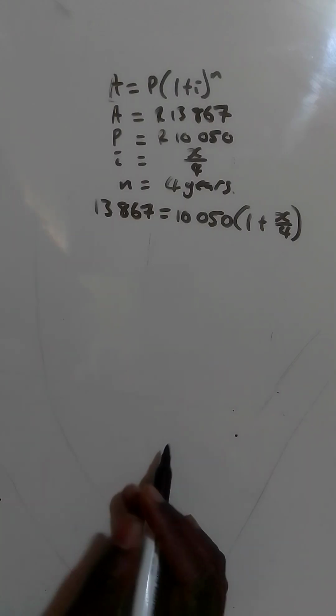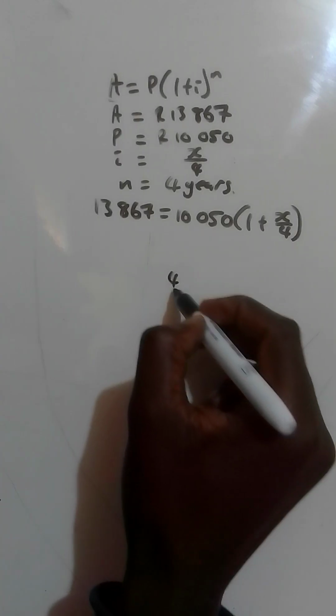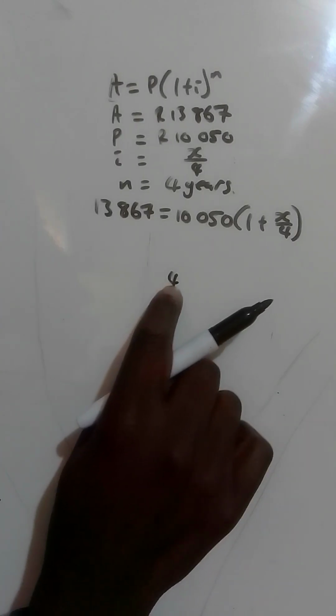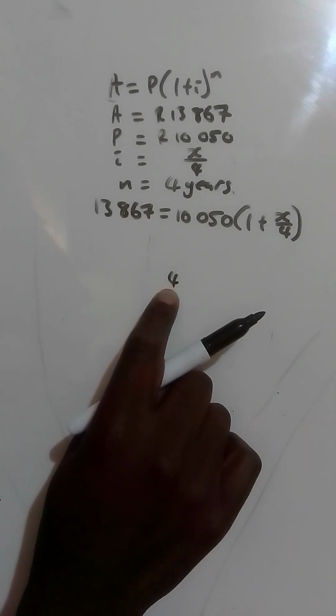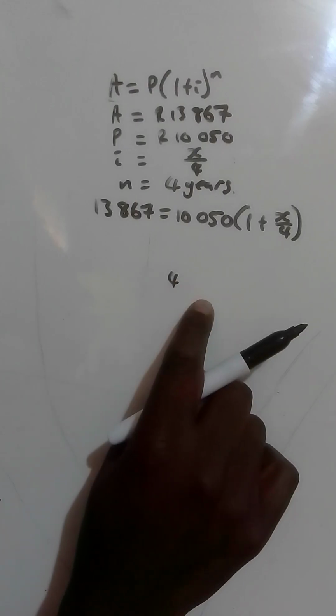Now, as far as what n is concerned here, the years, this is what happens. In 1 year, the money compounds 4 times. But we are having 4 years.